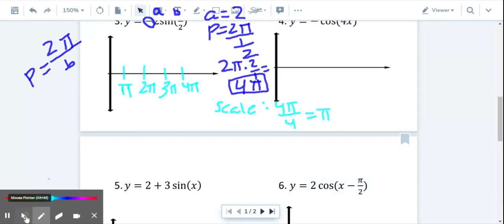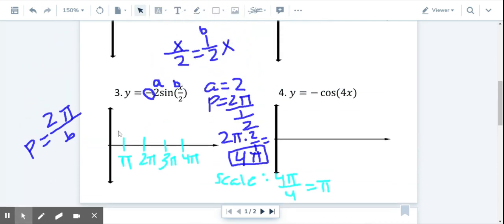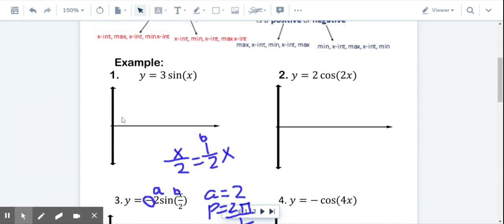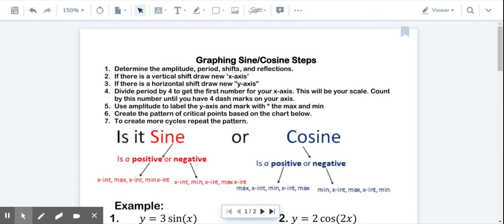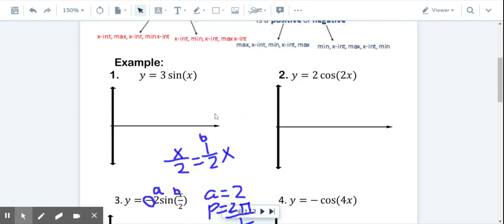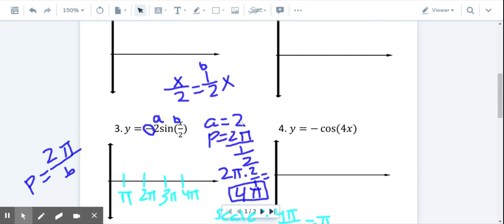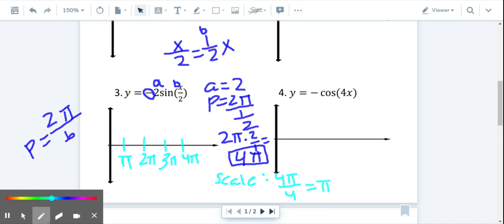Next, we are going to use the amplitude to label the y-axis. So our amplitude is 2, so that means we need to go up 2, up 1, down 1, down 2.